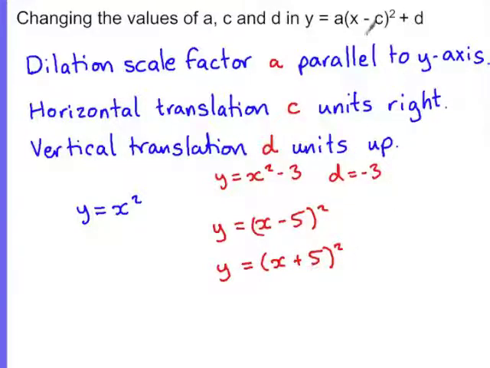Well, notice that in the general form it's x take c, not x plus c. So if we rewrite this as y equals (x take negative 5) squared, that would give a value of c of negative 5, and therefore it would be a translation to the left instead of to the right.